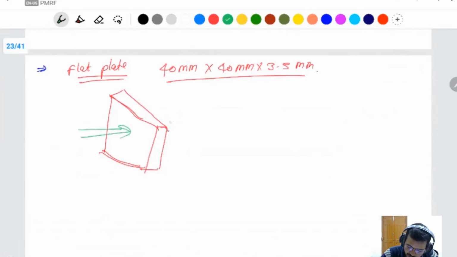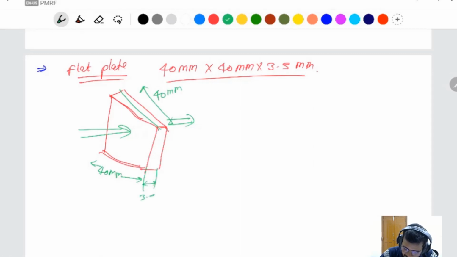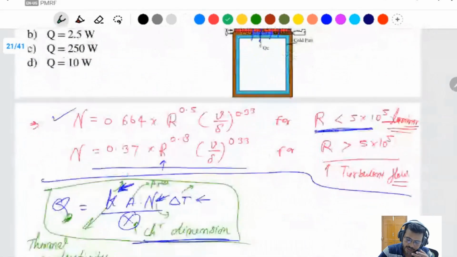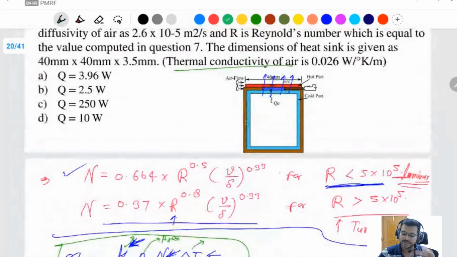The flow comes in here and leaves from here. This is 40 mm. This is also 40 mm. The thickness is given as 3.5 mm. This is a flat plate only, because it is placed directly.